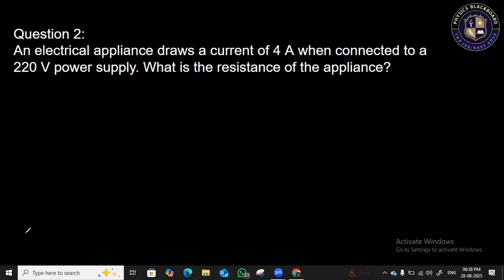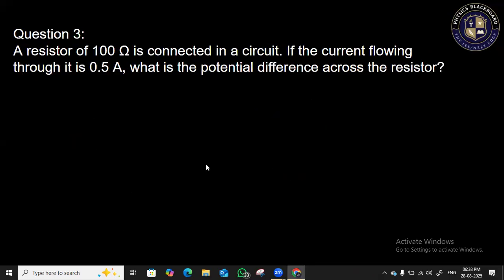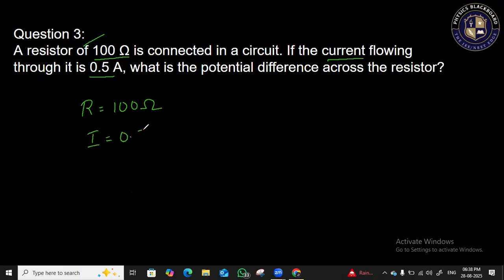Okay, and next we see the third numerical. Here in the third question, we have a resistor of 100 ohms, that is, the resistance of the given resistor is 100 ohms, connected in a circuit. If the current flowing through it is 0.5 amperes, what is the potential difference across the resistor?